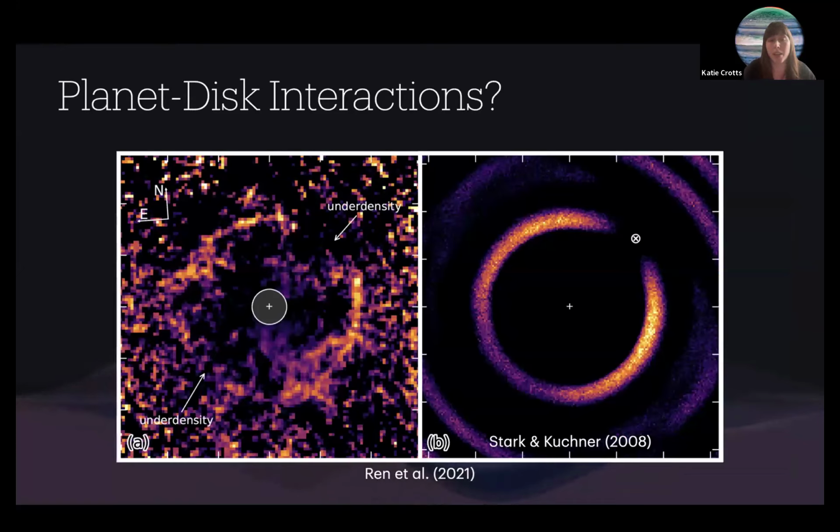So they compared the morphology of this ring with N-body simulation work that's been done previously, looking at disk-planet interactions. And they basically hypothesized that a planet in this underdense region of the narrow ring could explain the disk morphology.